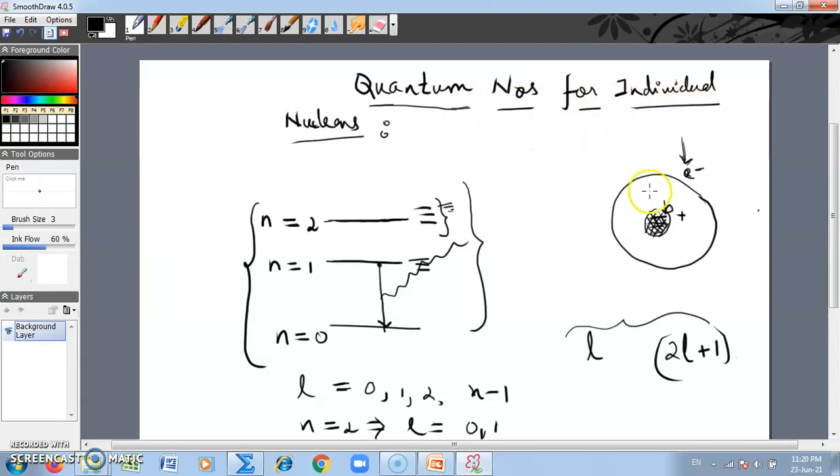What do we mean by individual nucleons? Let us look at this nucleus. In a nucleus we have protons and neutrons, and as the mass number increases, we will have more and more protons and neutrons. Associated with each of these, we will have quantum numbers.